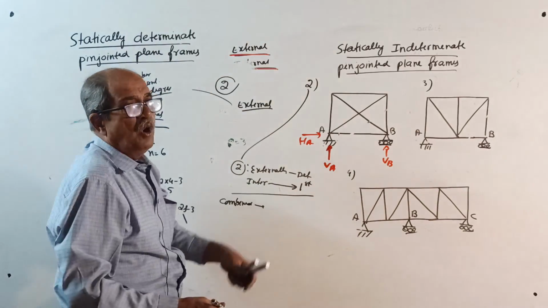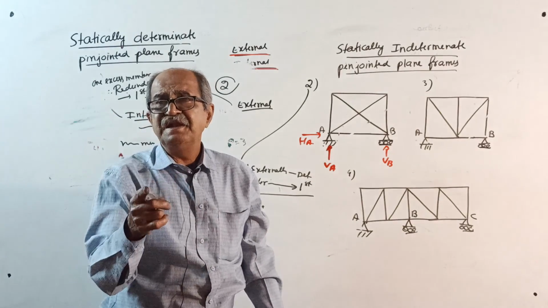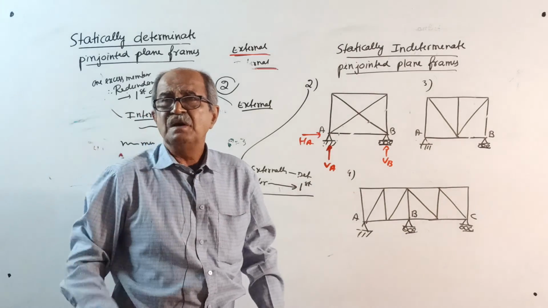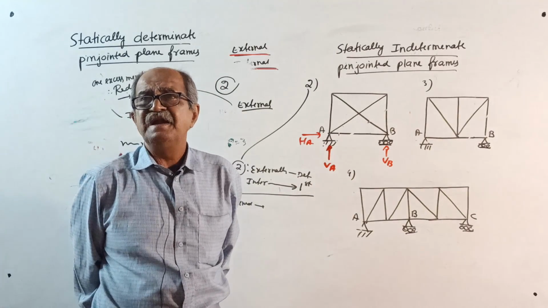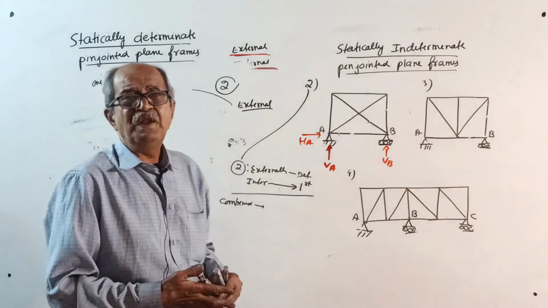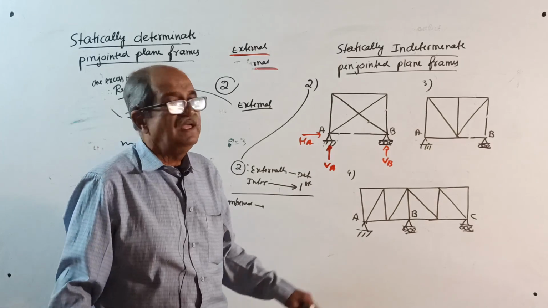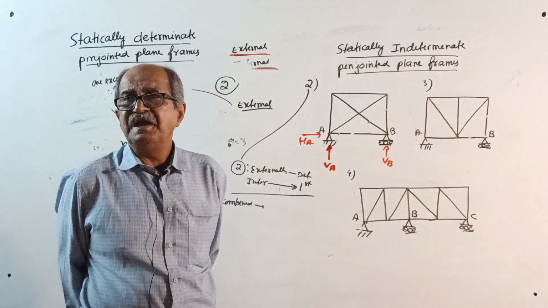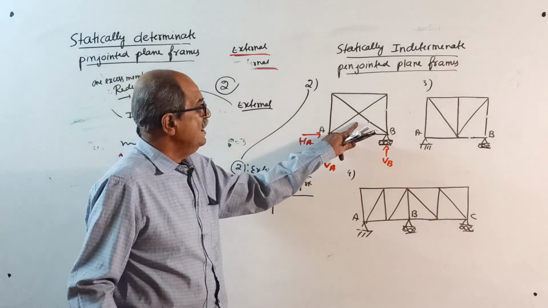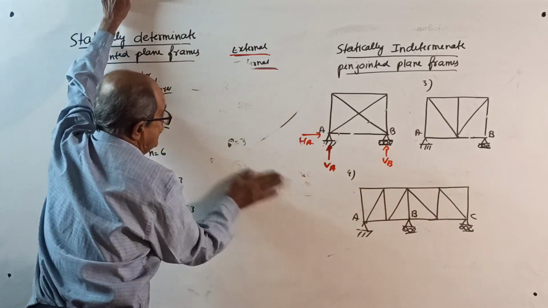You will know all these things later. Degree of static indeterminacy is the summation of external and internal: 0 plus 1. I am not explaining more because it is not required now. Degree of static indeterminacy overall is 1, because internally 1, externally 0.